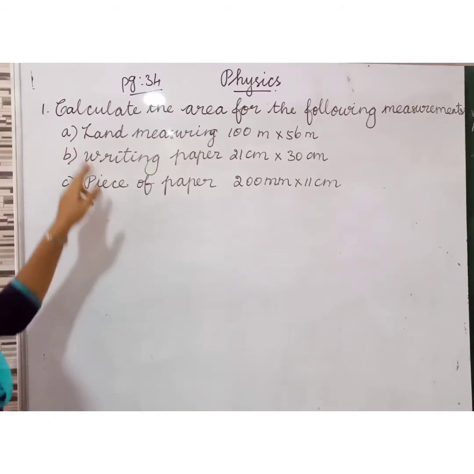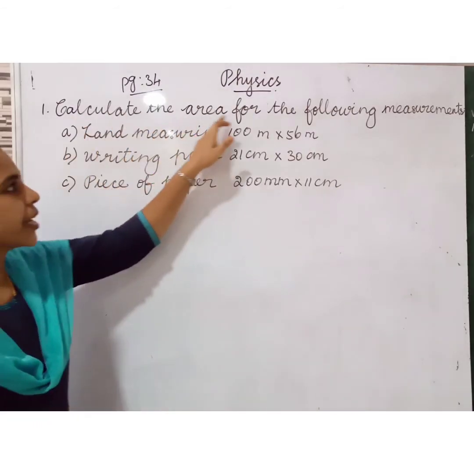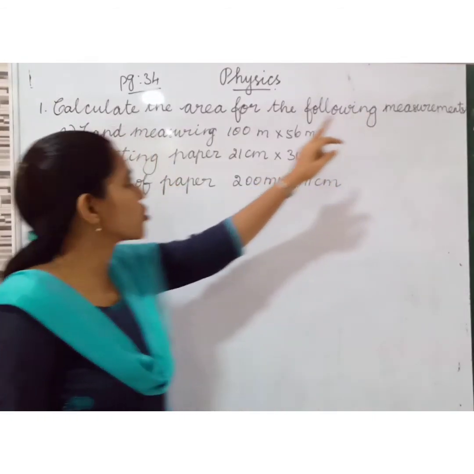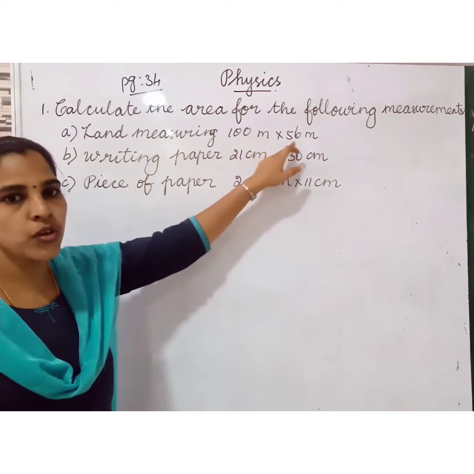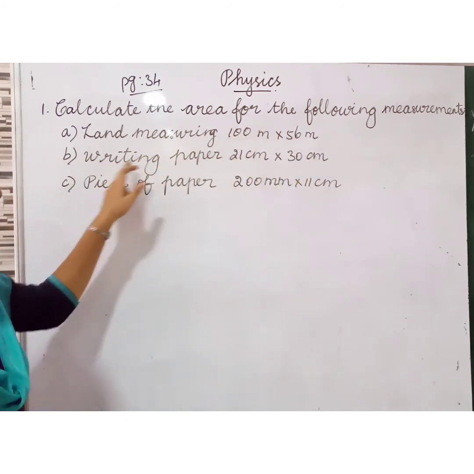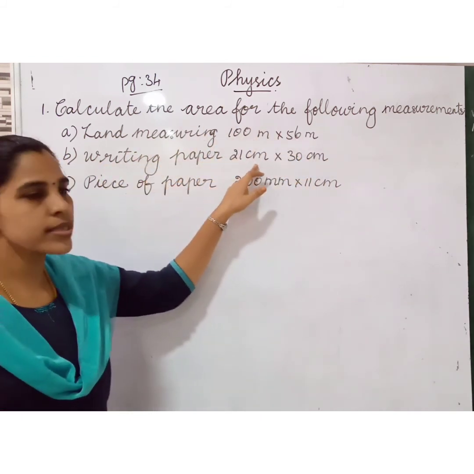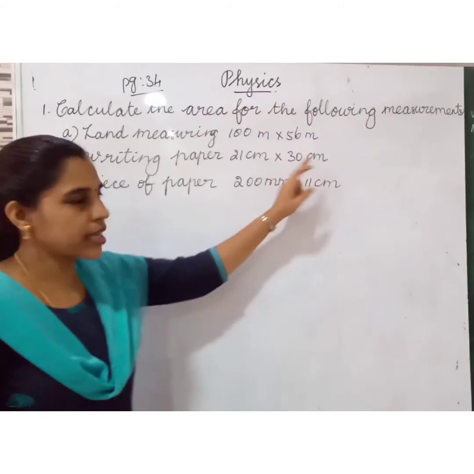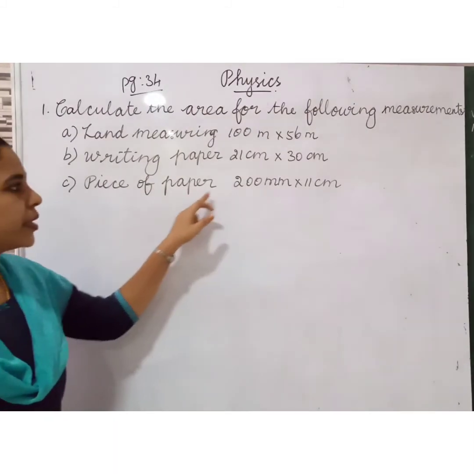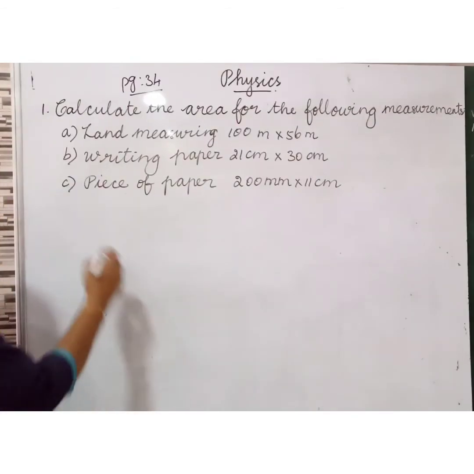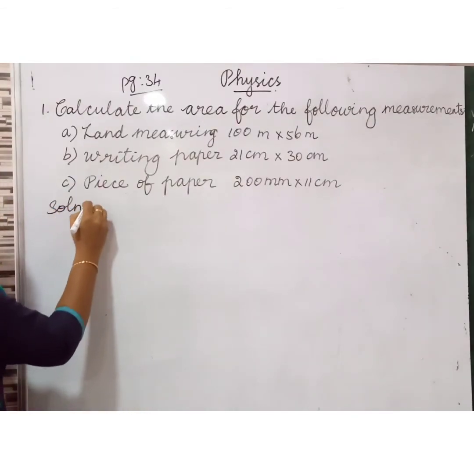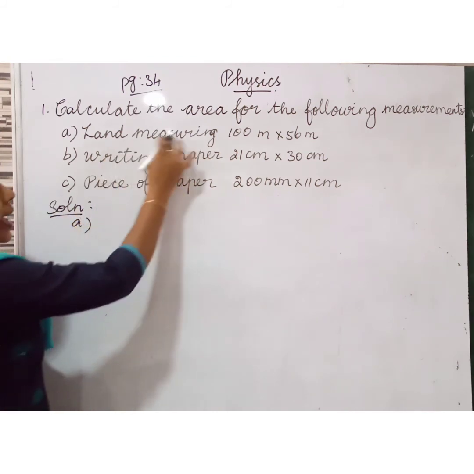Listen, the next question. Calculate the area for the following measurements. Land measuring 100 meter into 56 meter. Writing paper 21 centimeter into 30 centimeter. Piece of paper 200 millimeter into 11 centimeter. First we have to write the first one, land measuring.